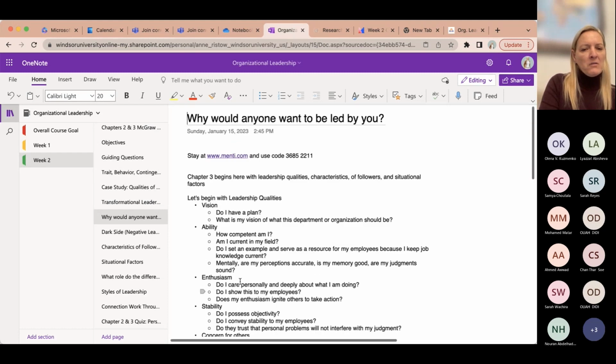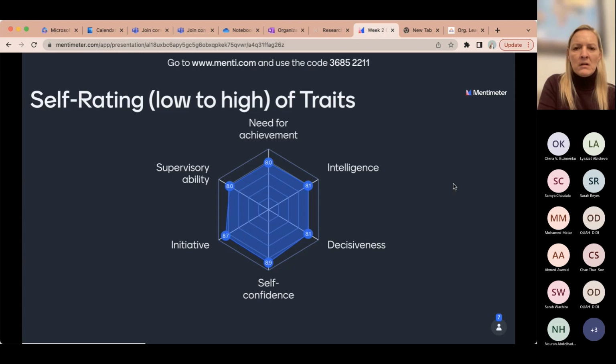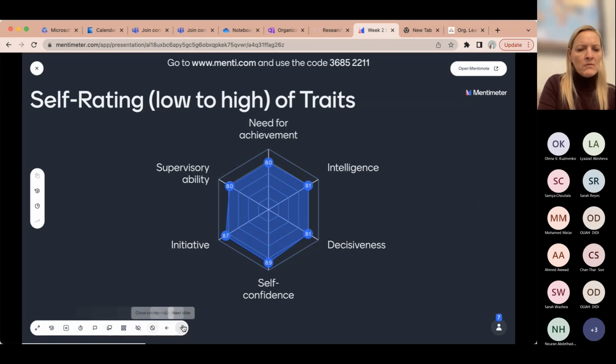But for right now, let's go back to the Mentimeter and visit the transformational leadership and then this section as well. So let's see here. If I can go forward.